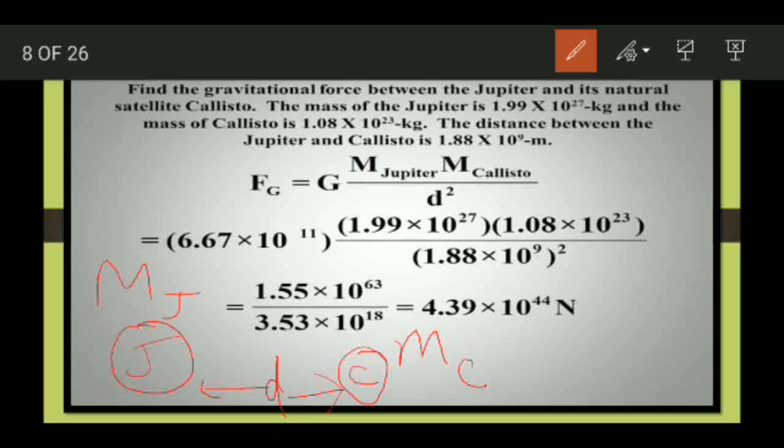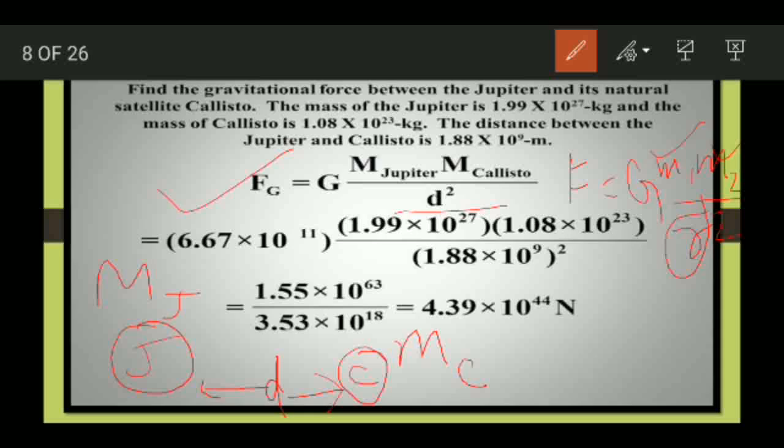Now we know that the force of gravitation according to the universal law of gravitation is F equals G m1 m2 divided by r square. Here m1 is the mass of Jupiter and m2 is the mass of Callisto, and r we have taken as d here. Both are the same.